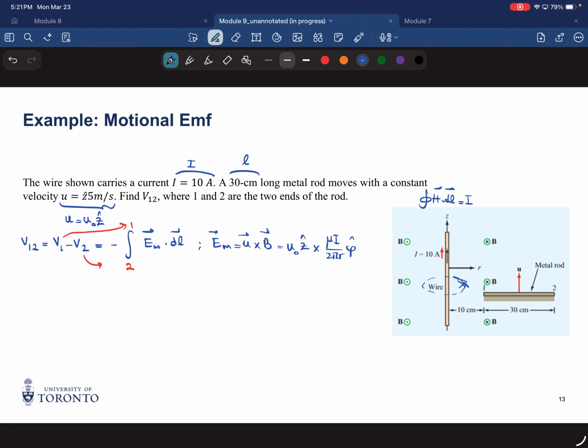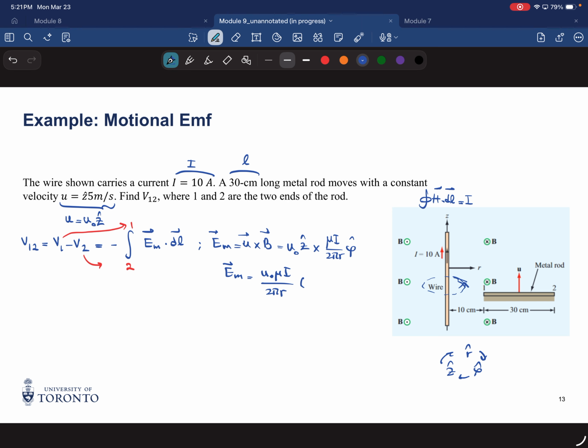Okay? Now, let's simplify EM. This is going to be u naught mu I over 2 pi r, z hat cross phi hat. Remember our circle, r hat, phi hat, z hat in cylindrical coordinate system. What is z hat cross phi hat?